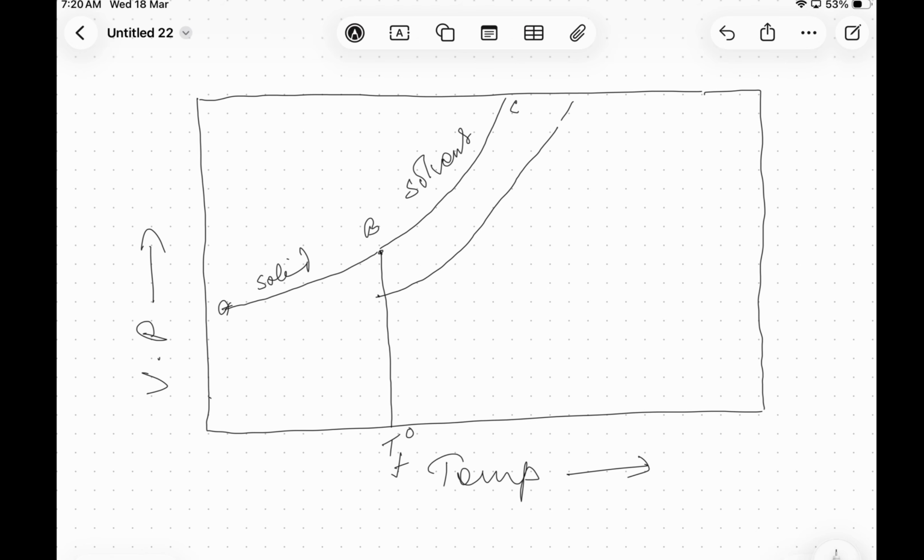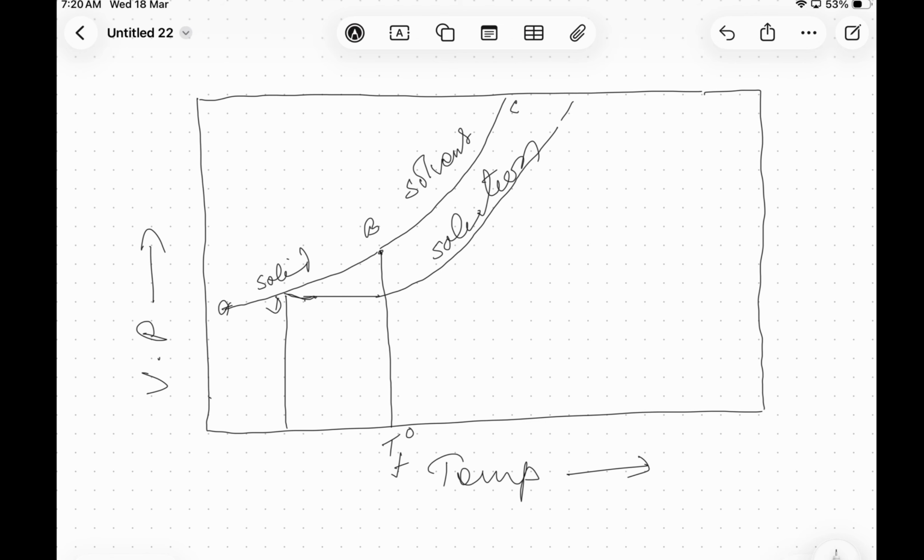So to equalize the vapor pressure of liquid, that means solution, equal to the vapor pressure of its solid, the temperature is to be reduced. That means at point D, the vapor pressure of liquid solution is equal to the vapor pressure of solid.